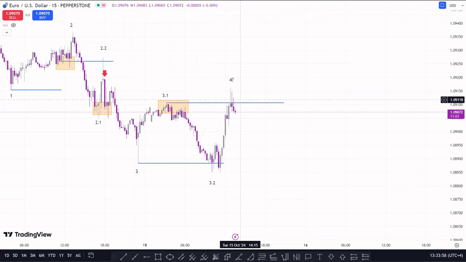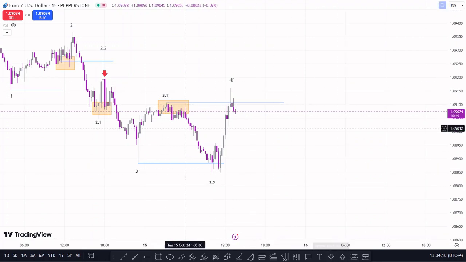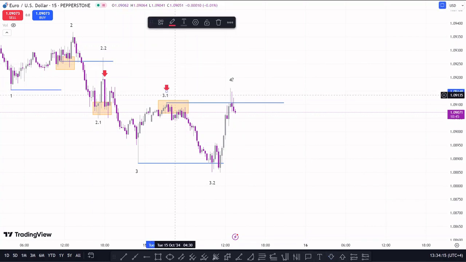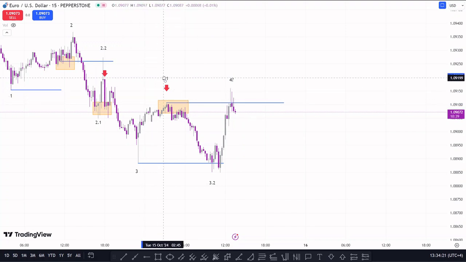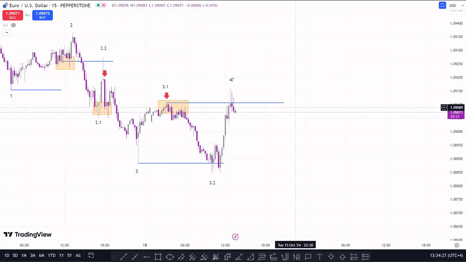And it didn't break that extreme line natin dito sa very top ng 3.1. So that means merong mga na-trigger dito, or for me, I can identify this one as a market manipulation.